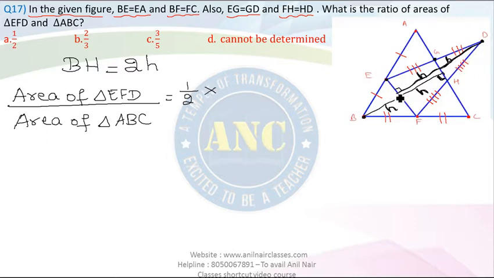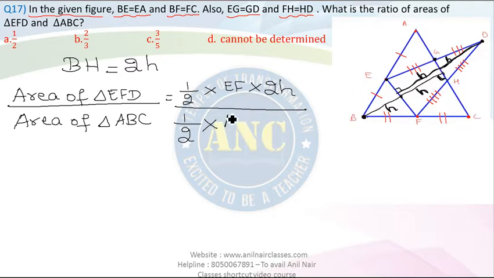Base is nothing but EF, because from there only you have drawn the perpendicular. Base is EF. Height is nothing but h plus h, which is 2h. Similarly, area of triangle ABC is half into base. I will not take BC here as the base because the perpendicular is drawn onto AC.